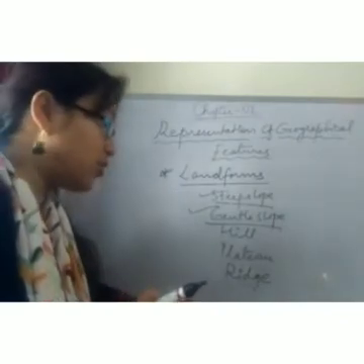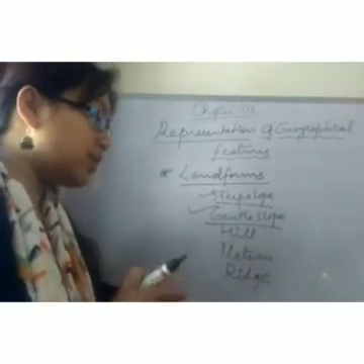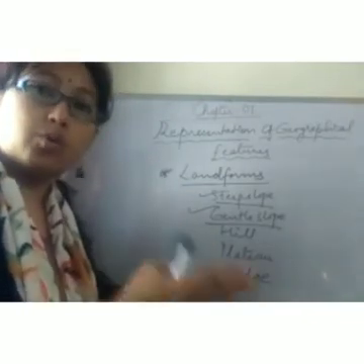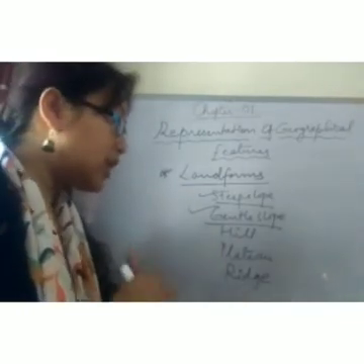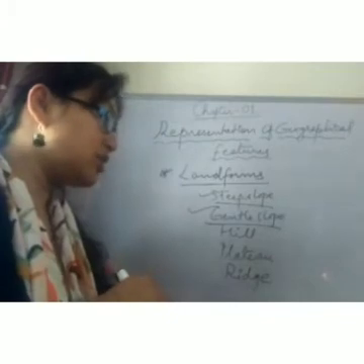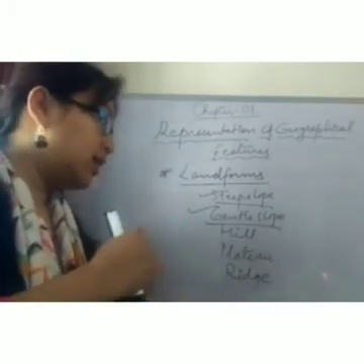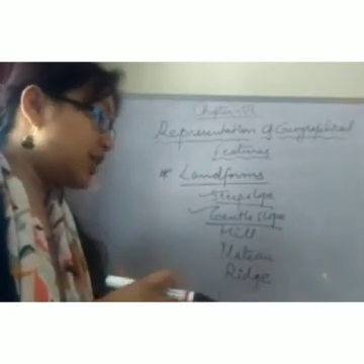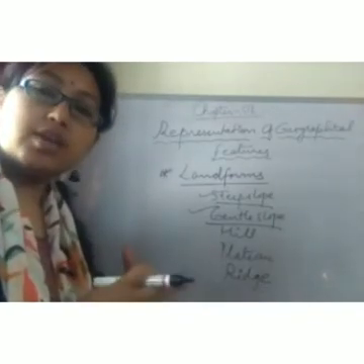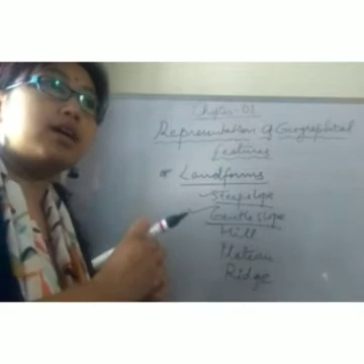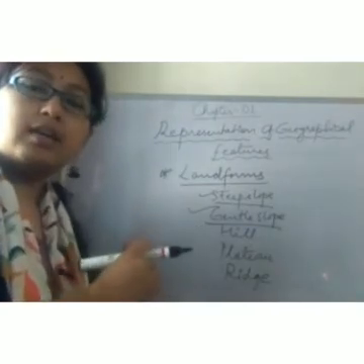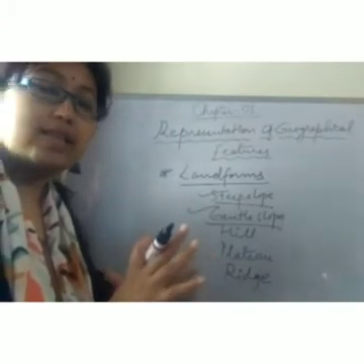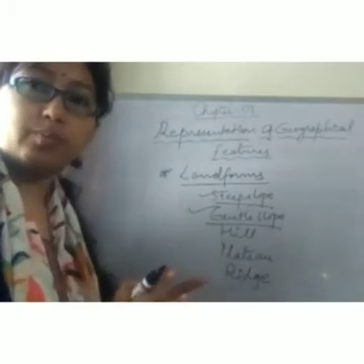In a gentle slope, the gap between the two adjacent contour heights will be more, as I told you earlier also. So as height gained or lost is less within the same distance, the change is gradual. That means the change is very less, very slow. Clear? Okay, that's the gentle slope.